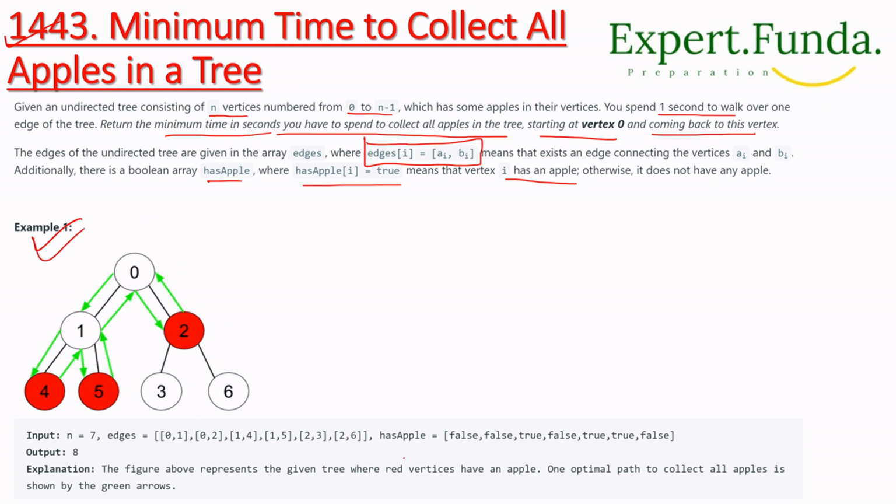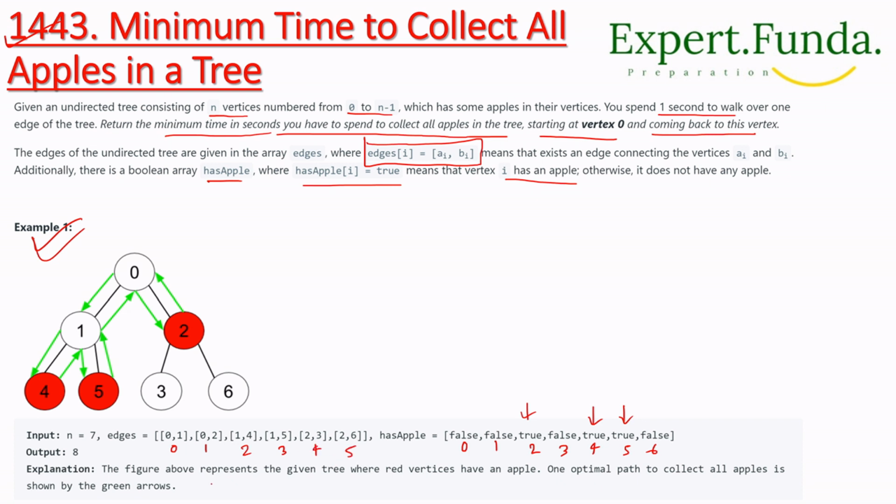Now we have hasApple, meaning at here, and at here. Let's assume the indices 0 1 2 3 4 5 6. Let's see the edges here: 0 1 2 3 4 5.